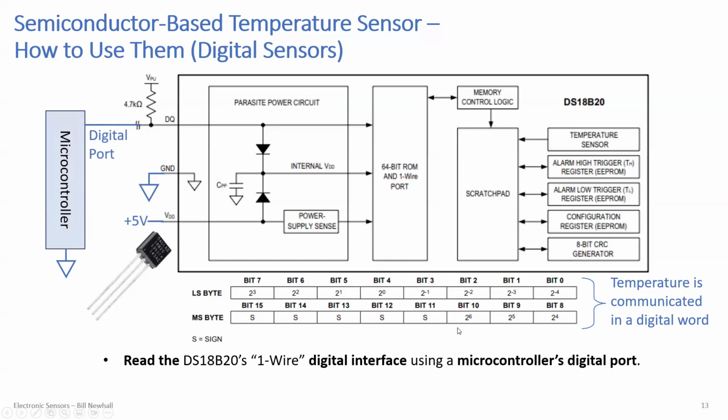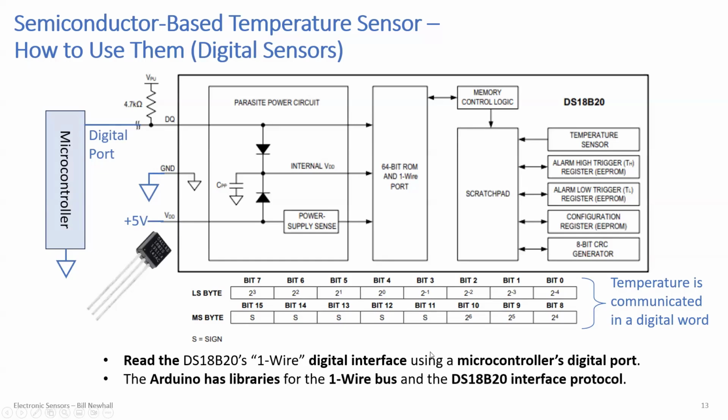And I say this would have taken longer to do in lab, but the Arduino has libraries that read this bus. So you can grab the one-wire bus library, and you can actually grab this temperature sensor chip's interface protocol. And so you don't have to dig into the data sheet unless you need to use some of the lower level functions that aren't available through the library.